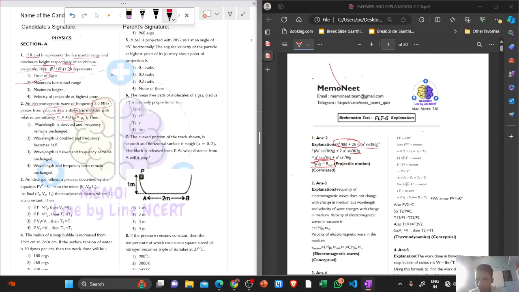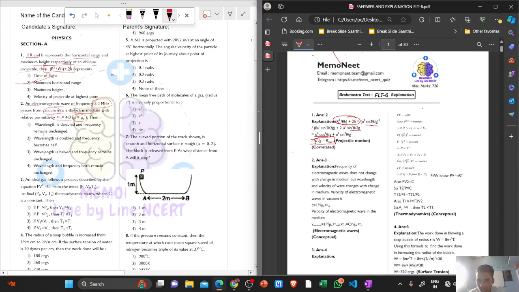Now, moving to the explanation, you can see the frequency of an electromagnetic wave doesn't change with the change in medium, but the wavelength and the velocity of the wave change in the medium. Velocity of electromagnetic wave, you can calculate, c is equal to 1 by under root of mu naught epsilon naught.